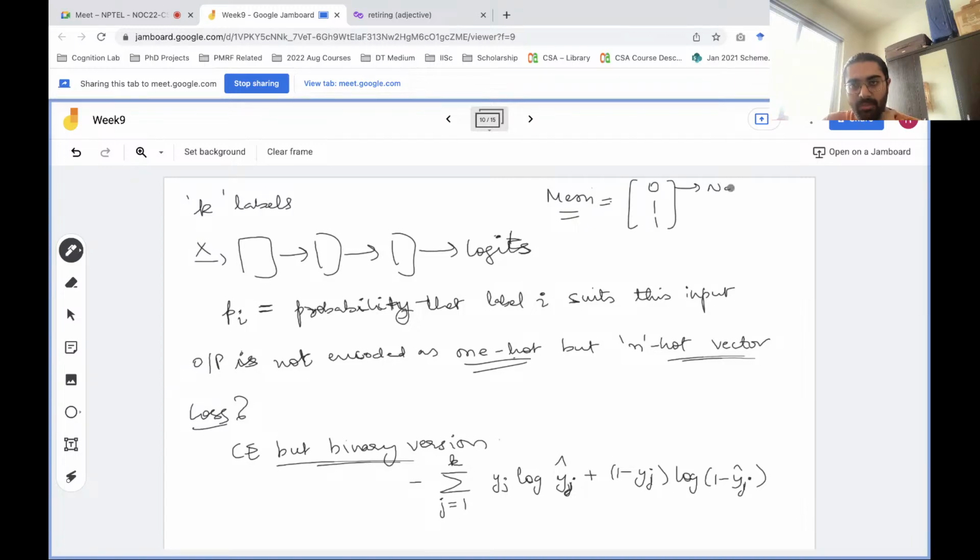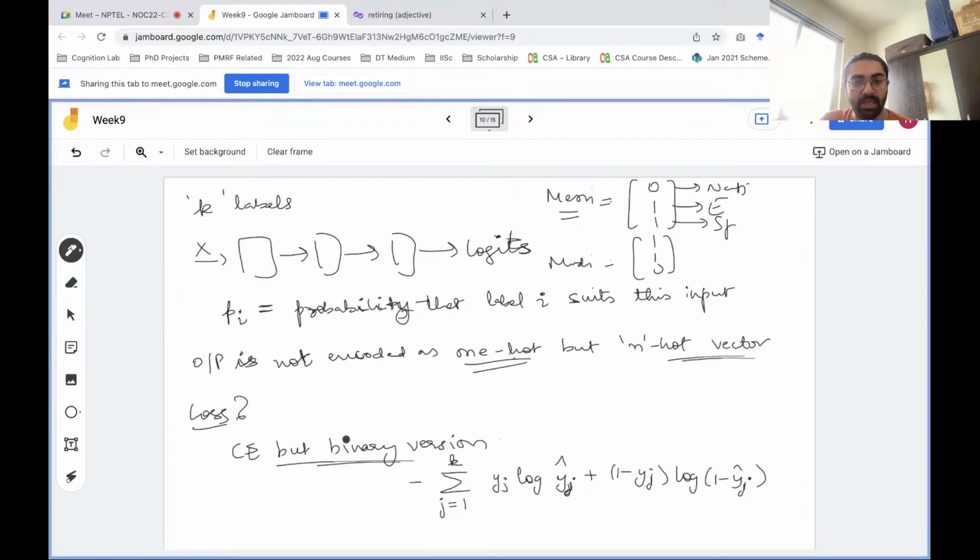For example, this is national, this is economics, sports, and for the Modi news I'll have something like, let's say, 1 1 0, right? So any number of the values here can be 1 or a 0, right? So hence it's called an n hot vector.